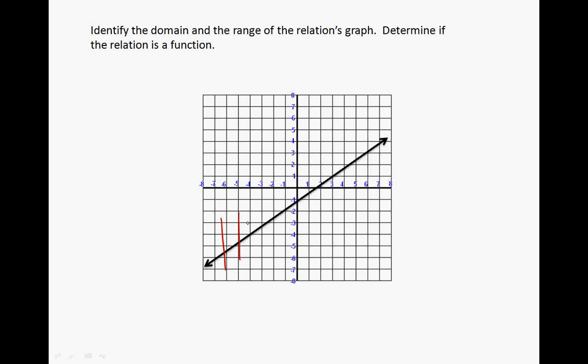If I were to draw a vertical line at any point on this graph, and it were to cross more than once, then it would not be a function. Well, in this case, a vertical line could pass through any point on the graph and only cross once. So this is a function.